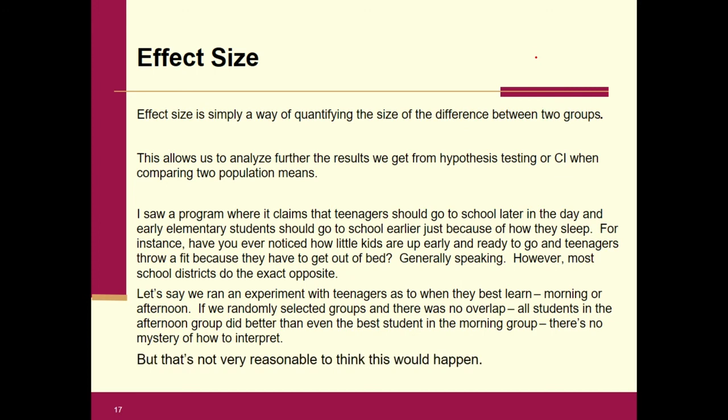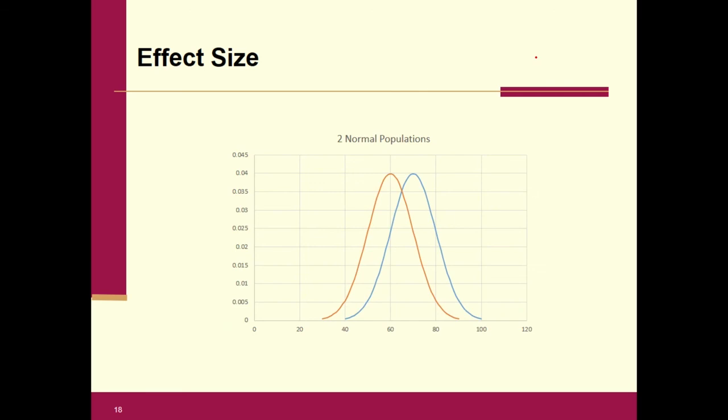So we have to think of it like this. Let's say that this is the afternoon group in blue, and this is the morning group in red. Those are the two distributions. They're not samples, these are populations here. This is the distributions for X1 and X2, if you will. Notice that there is overlap.